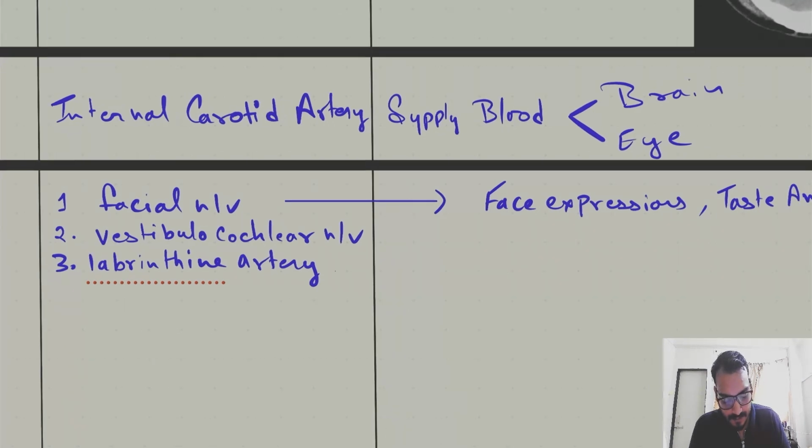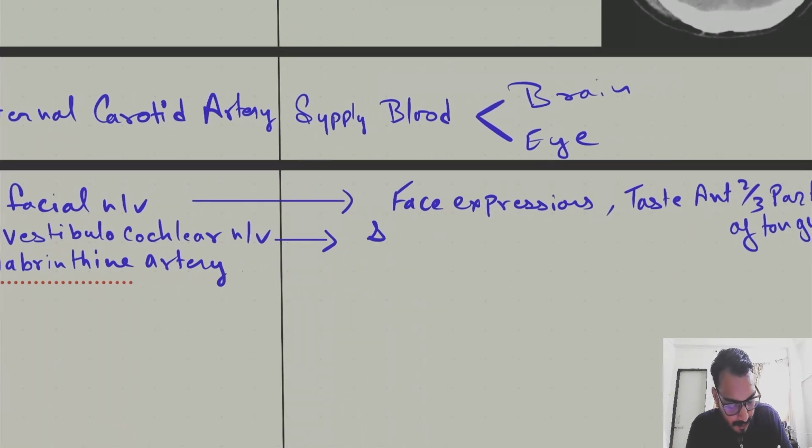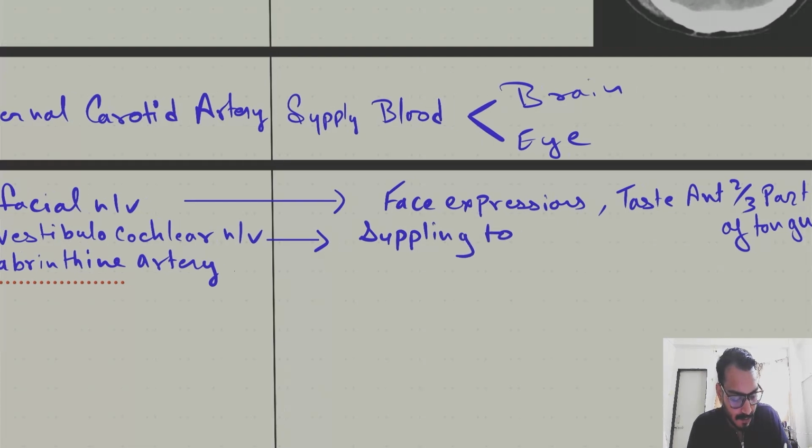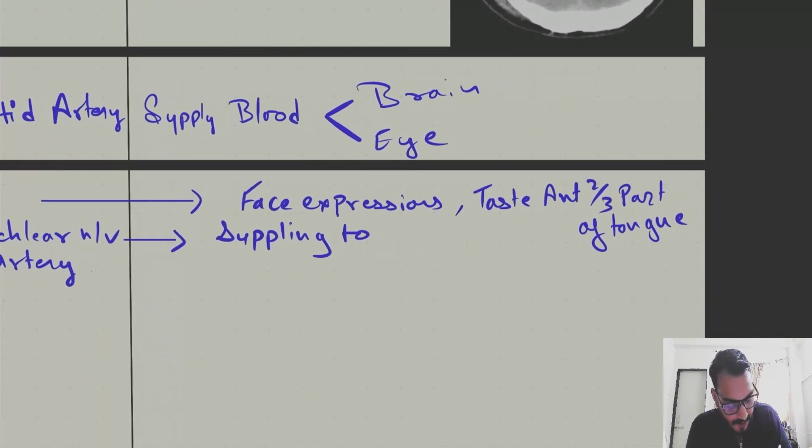Then we have the vestibulocochlear nerve. This vestibulocochlear nerve is supplying the inner ear. This inner ear has two parts, guys. Of course, if you have studied the ear, then you know that the inner ear has two parts.